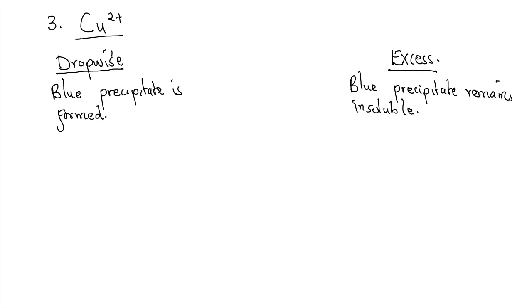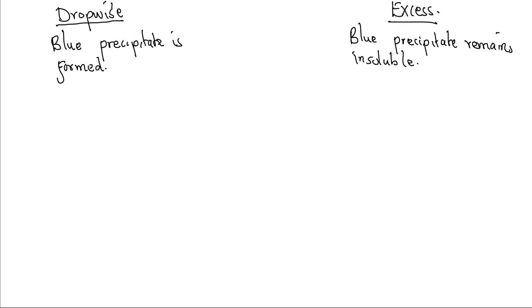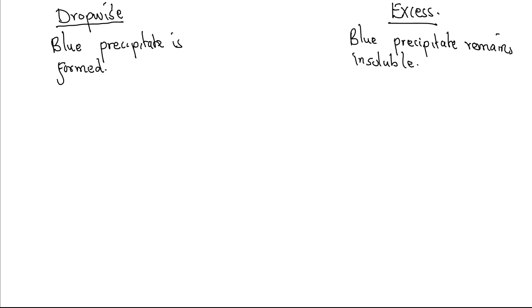So that is due to formation of copper 2 hydroxide, where we have said we'll have under dropwise blue precipitate, and even in excess the blue precipitate remains insoluble.